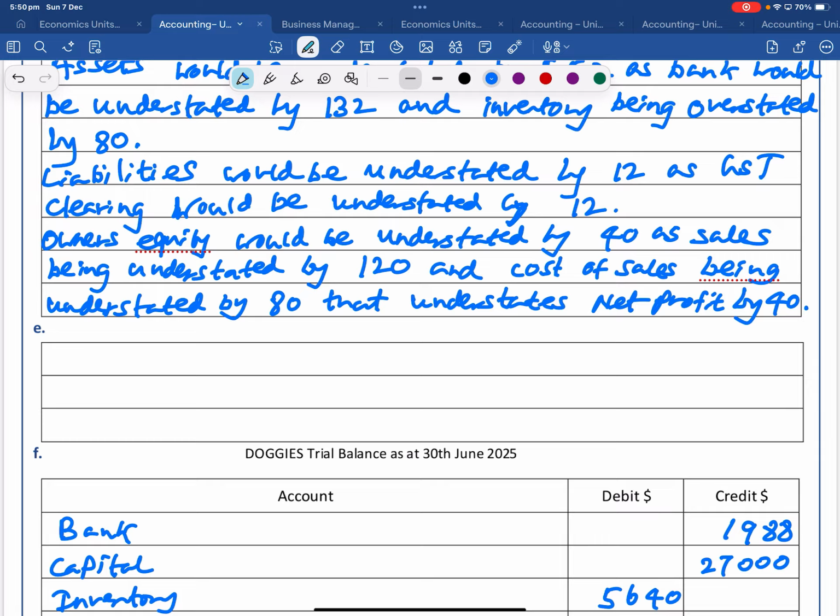So you can write basically any of the 3. You have to give an example if it is 2 marks. If it is 1 mark, not really. If it is 2 marks, yes, you can give an example. So I'll give you: two entries have been recorded on the same side.